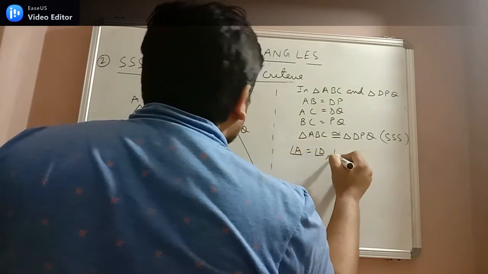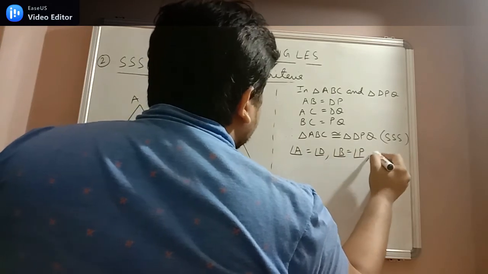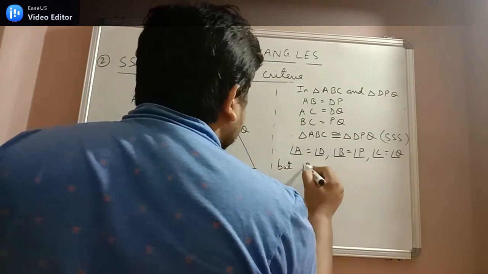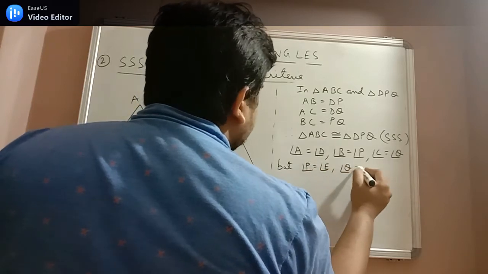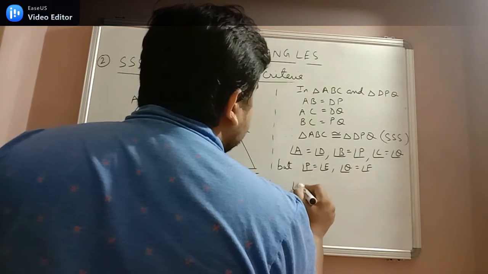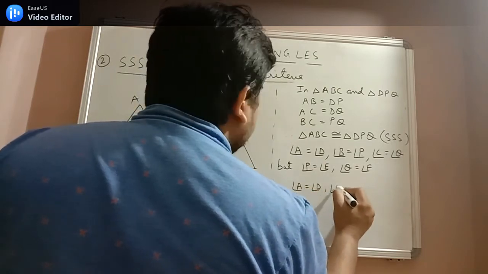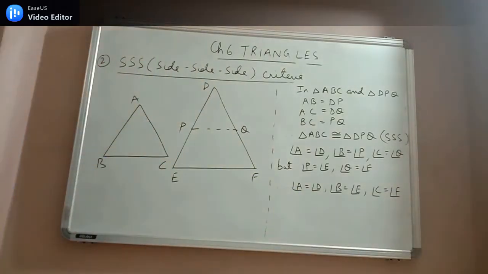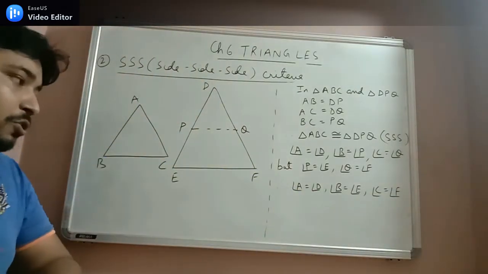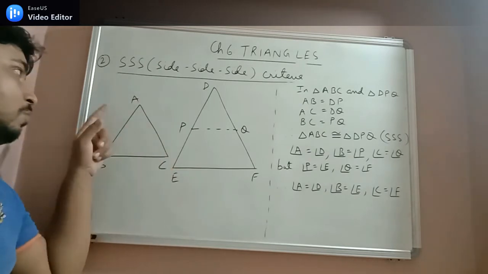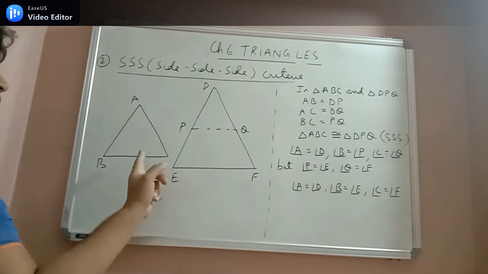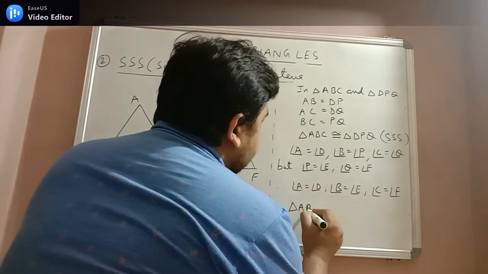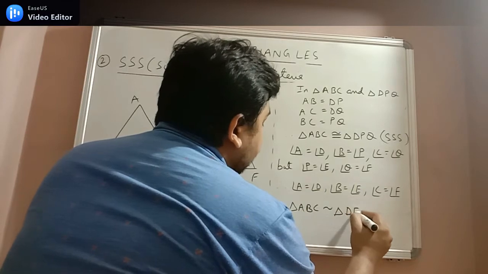Angle A equal to angle D, angle B is equals to angle P and angle C is equals to angle Q. But we already had angle P is equals to angle E and angle Q is equals to angle F. So therefore one can say angle A equal to angle D, angle B equals to angle E and angle C is equals to angle F. So in this manner we are able to conclude that triangle ABC is similar to triangle DEF.